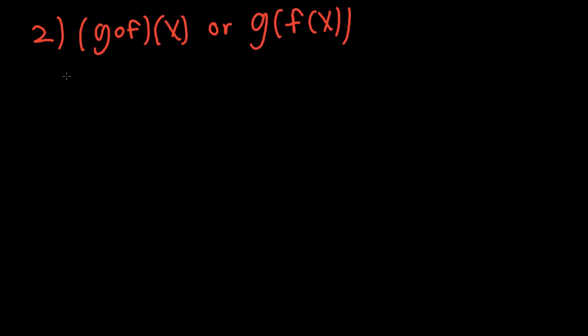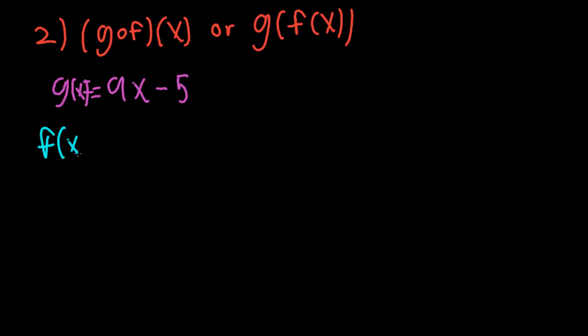In case you forget, g of x is equal to 9x minus 5. My f of x, in case you forget, is equal to negative 3x squared plus 6x plus 5.